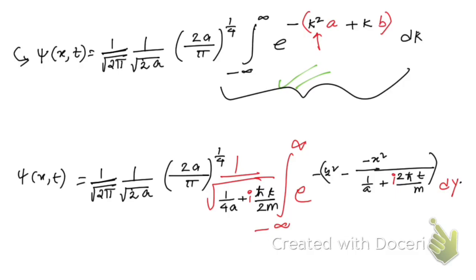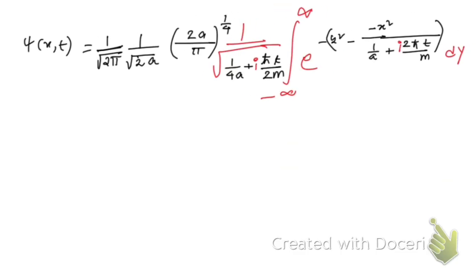Hope you have understood this. Now let me copy this and let me take a new slide again. So this is the result that we have obtained. Now if you multiply these two, then what you're gonna have is 2 root pi root a, right? Root 2 it becomes 2.